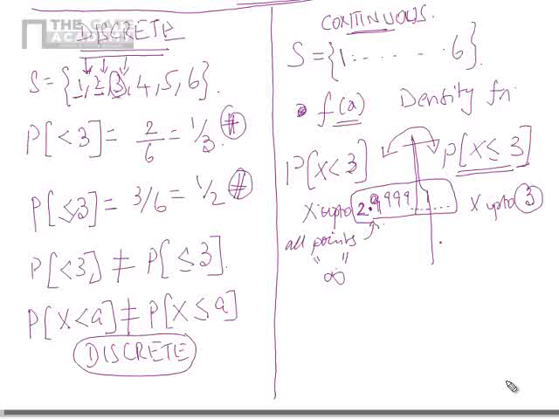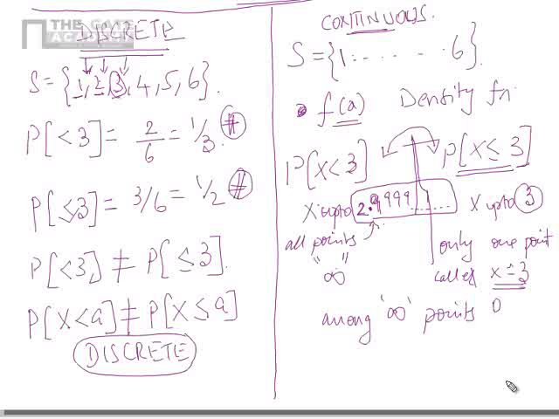The difference between these two cases is only one point, x equal to 3. Correct? So among infinite points, one point cannot make a difference. Correct?